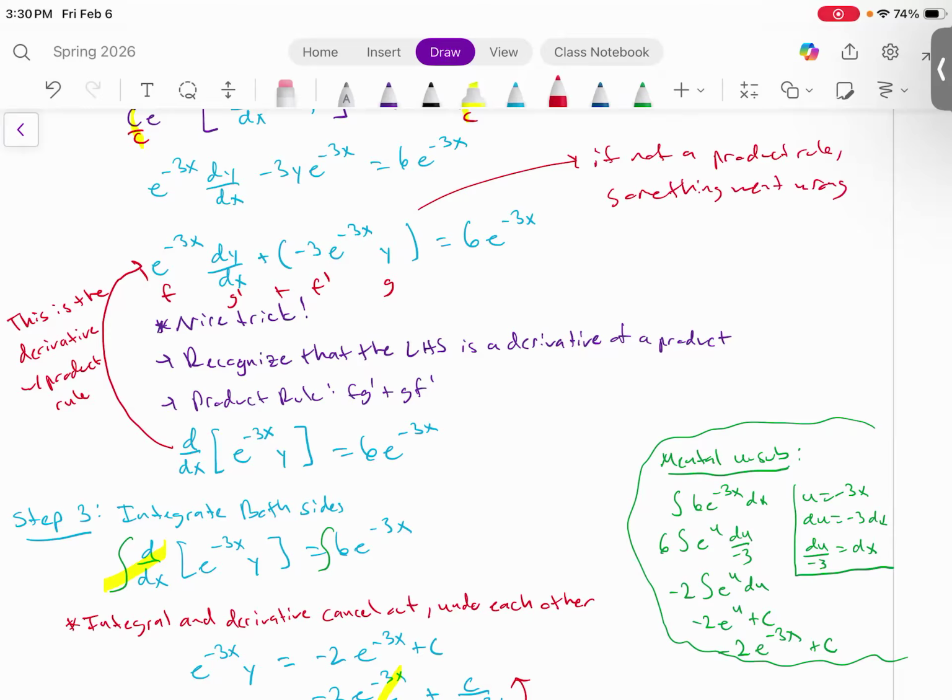If there's no way that you're able to get a product rule out of this setup, then you're doing something wrong. You should always get a product rule when doing this. Hopefully you can recognize them, but if it's not getting there, then maybe your integrating factor is wrong. Maybe you didn't isolate dy over dx, but that's always a good tell.